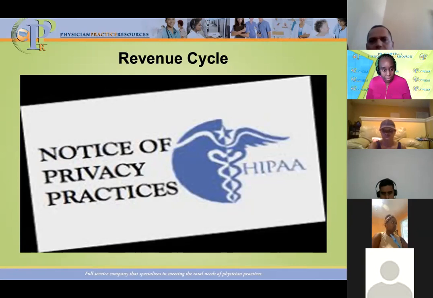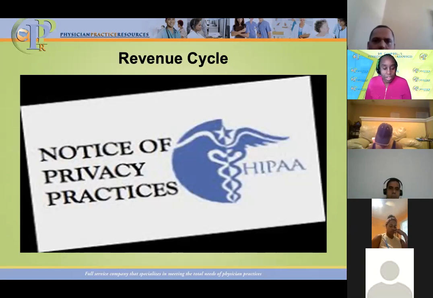By law, HIPAA states that the patient has to be informed of how their data can be used. We're telling them that we're going to use it for treatment, payment, and operations, TPO. And we're also letting the patient know that they can get an accounting of how we disclose their information, which is something under HIPAA as well.